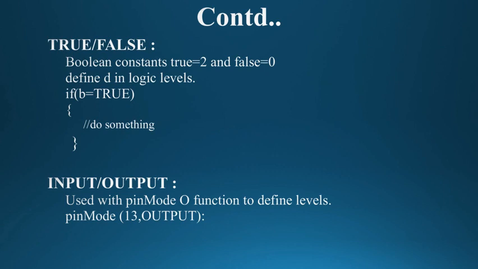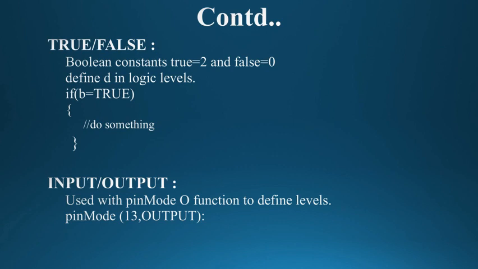Continuation. True or false, boolean constants: true equal to 2, false equal to 1. Define D in logic levels. If D equals true, then do something, like a set of actions or activities to be performed.